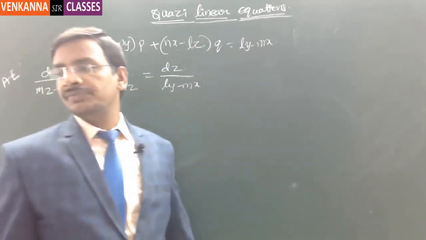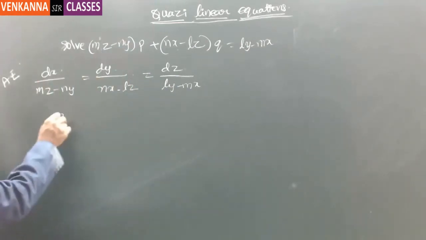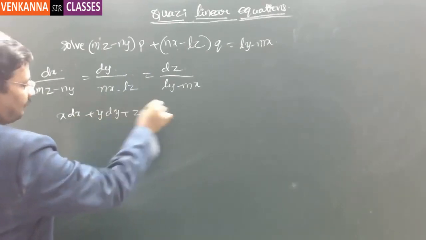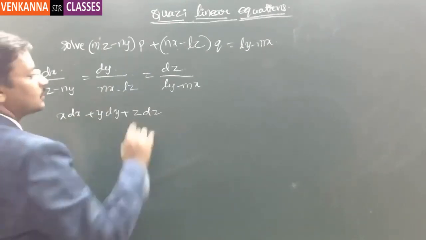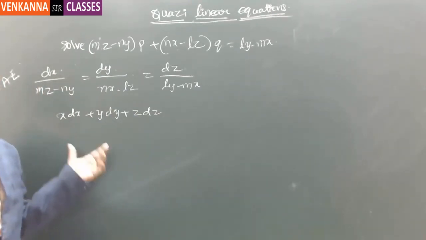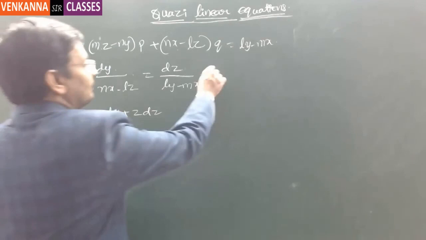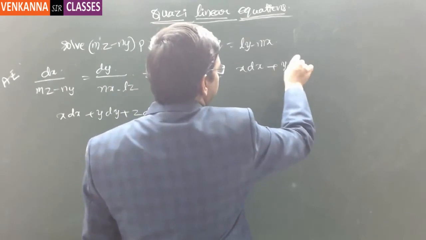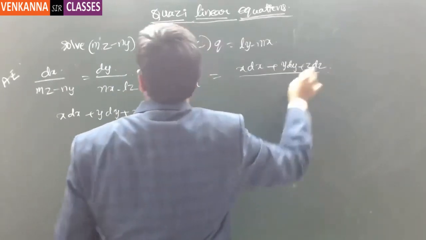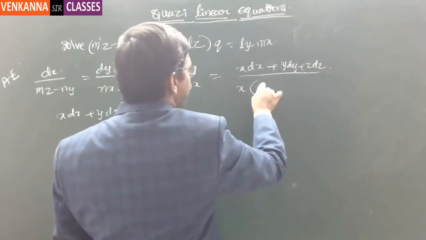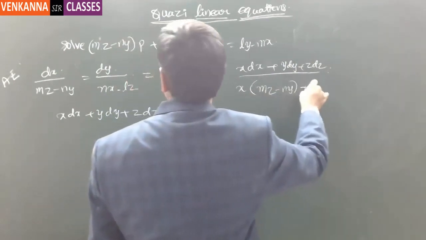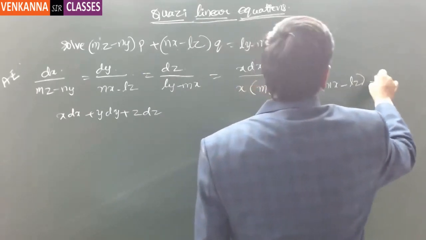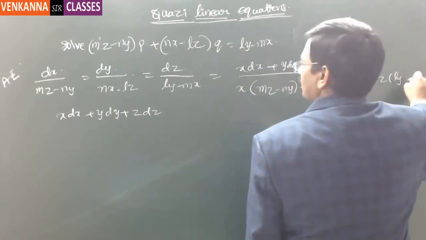Now for this, the way we adopt is, let us consider x dx plus y dy plus z dz. So if you consider it this way, this is going to be x times (mz minus ny) plus y times (nx minus lz) plus z times (ly minus mx).